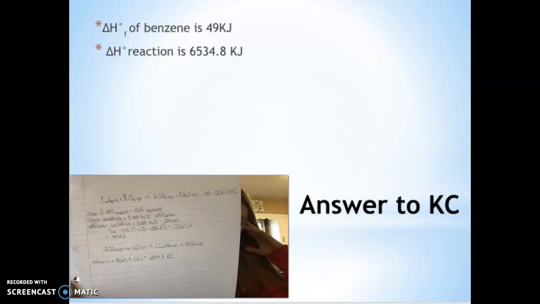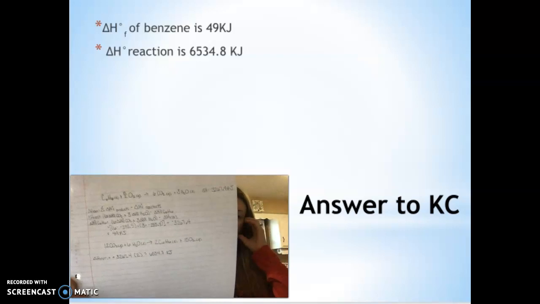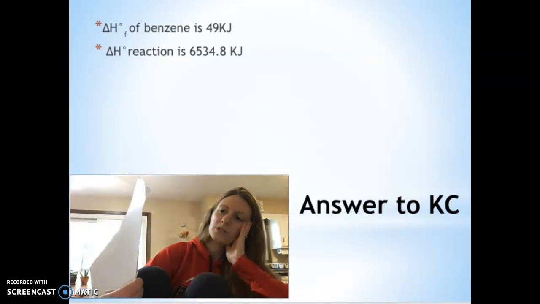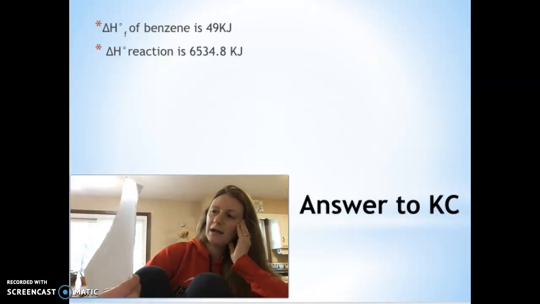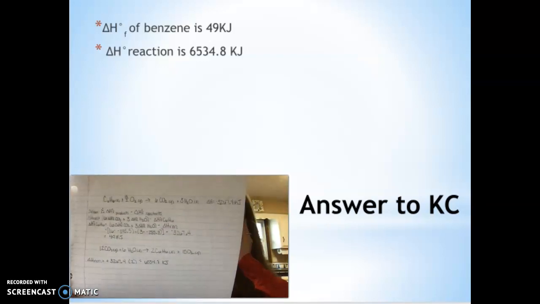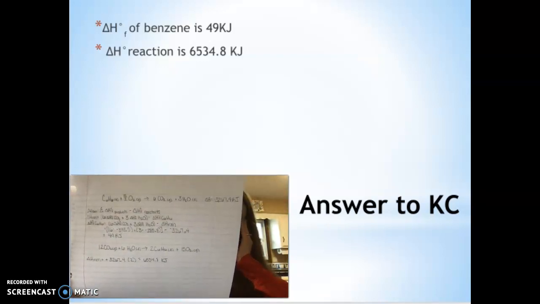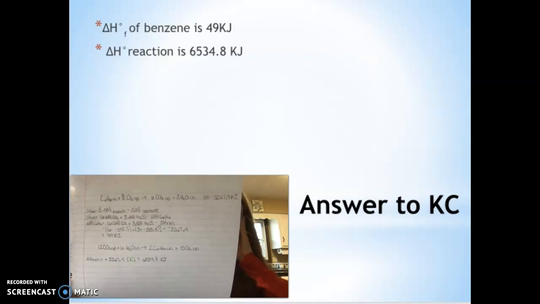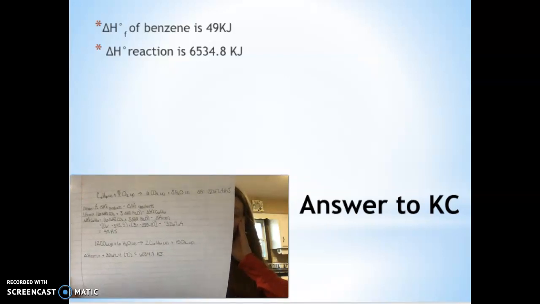Once you get all of those parts, you can solve for the heat of formation of benzene by adding delta HF C6H6 to one side and subtracting the delta H of the reaction.